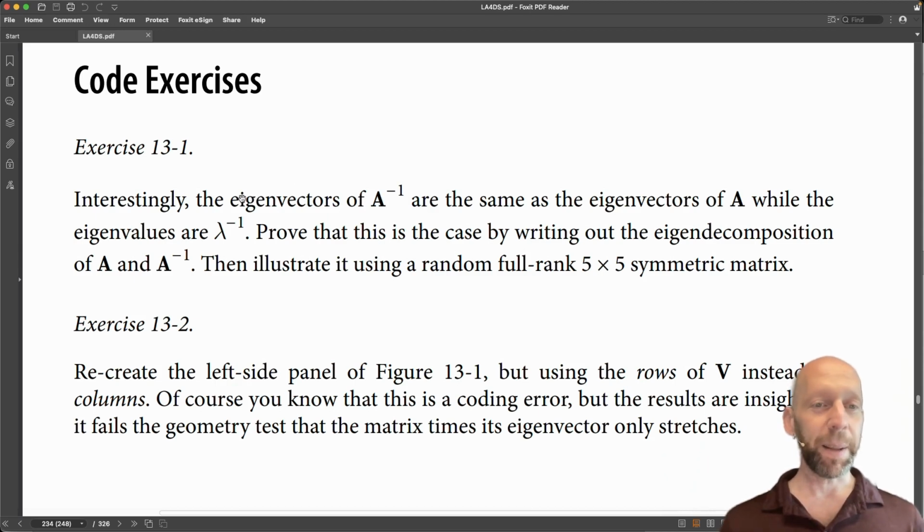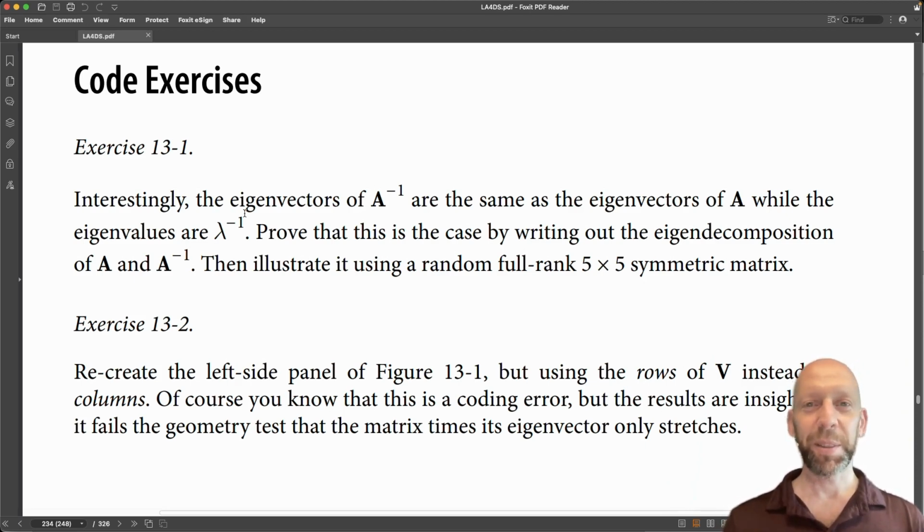So the claim here is that the eigenvectors of A inverse are the same as the eigenvectors of A, and the eigenvalues of A inverse are almost the same as the eigenvalues of A, except that they are also inverted. So A and A inverse have the same eigenvectors, and their eigenvalues are just reciprocals of each other.